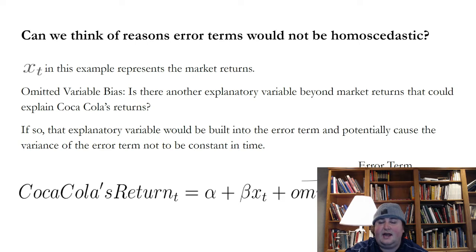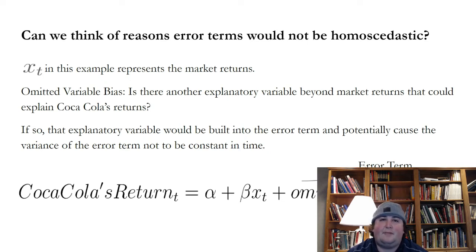You can see this, if there's an omitted variable here, then the omitted variable is effectively built into epsilon t. I write them as distinct here, but really it would be built into epsilon t. And if it's built into epsilon t, and yet this omitted variable does help explain Coca-Cola's returns, then of course this is going to vary over time. Similarly, the variance of the omitted variable is going to vary over time.